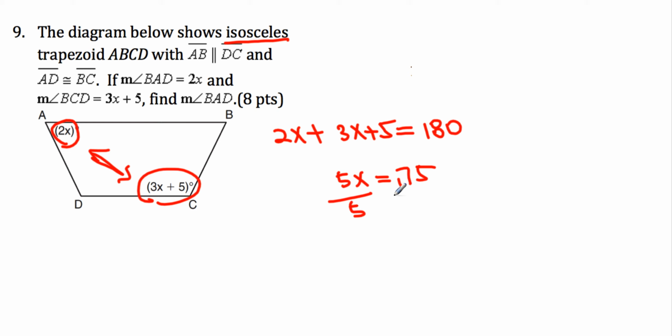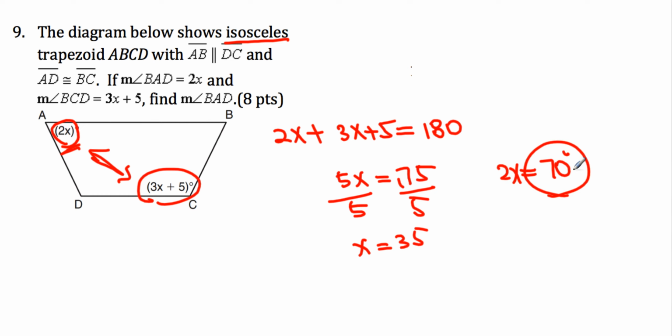Dividing each side by 5, then x must be equal to 35. Now, since x equals 35, what is the measure of angle BAD? BAD, in fact, is equal to 2x. So 2x must be equal to 70. So 70 degrees becomes our answer.